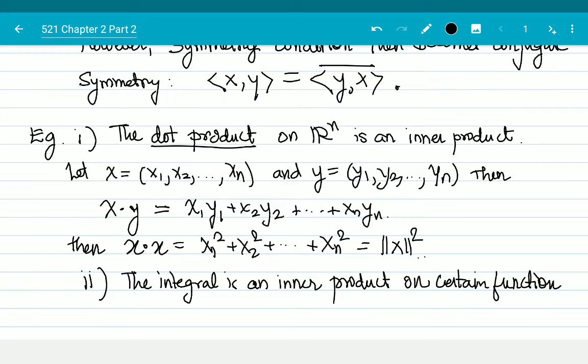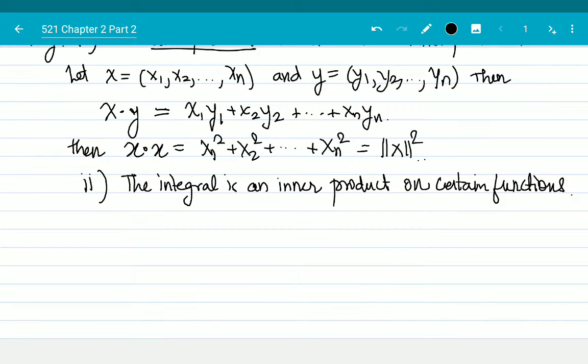I won't go into details of what these functions are, because it will take too long. This is just a rough example, because the integral of f g dx is equal to the integral of g f dx, as long as your functions are nice.